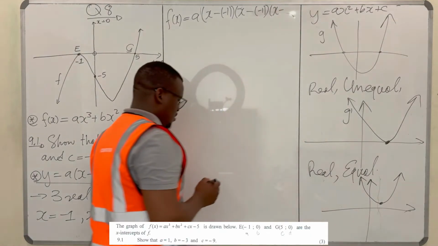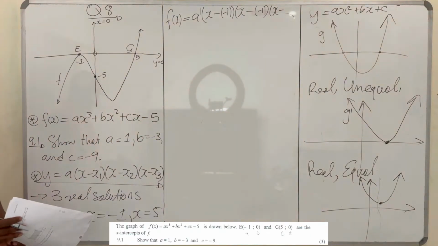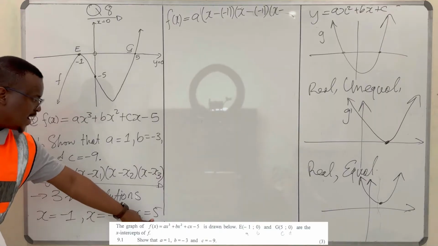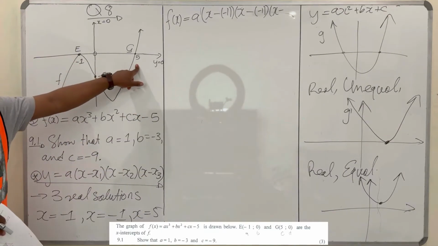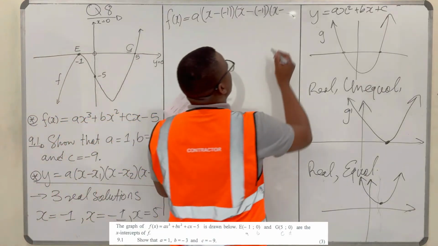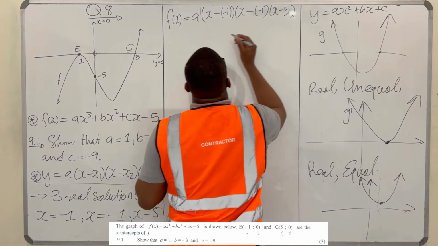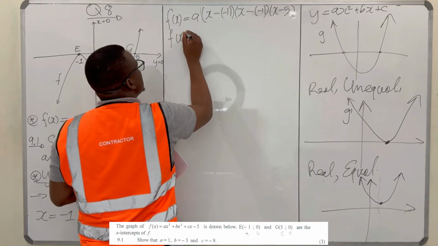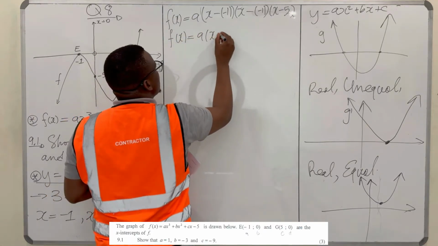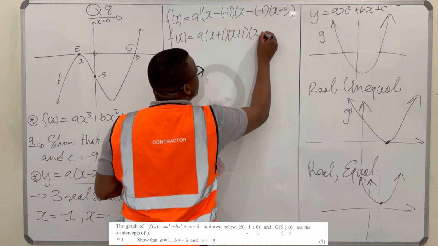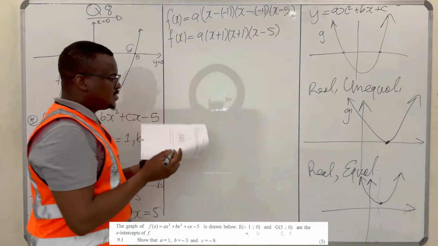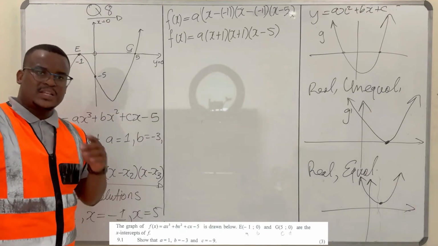Times x minus the third root or x-intercept, which is 5 that you can see over there. So there's 2 of them here, there's 1 there. So you have x minus 5. So f of x is equal to a into x plus 1 times x plus 1 times x minus 5. Right?